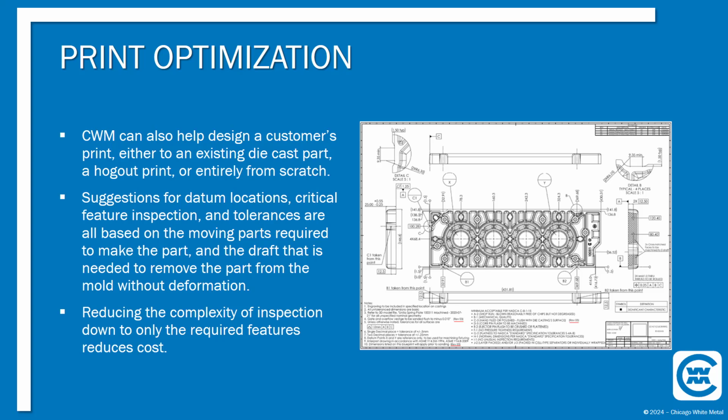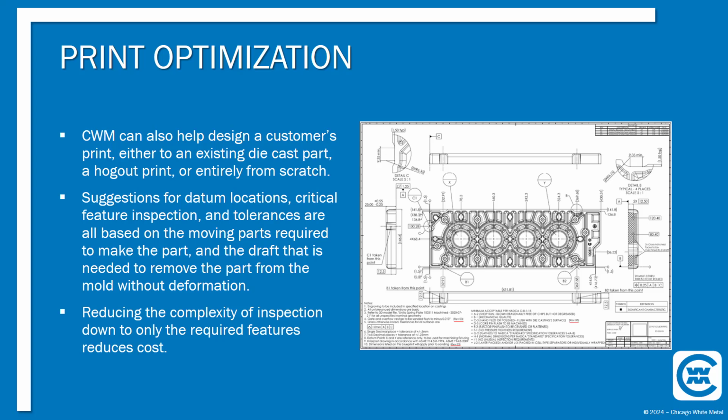So that's one of the things we'll take a look at with you, as well as the part design, is to look at the print and make sure everybody's happy with it. Something that can be maintained throughout the life of the product and easily inspected to. So just another example of some of the collaborative efforts we go through with our customer when we're talking about a project.